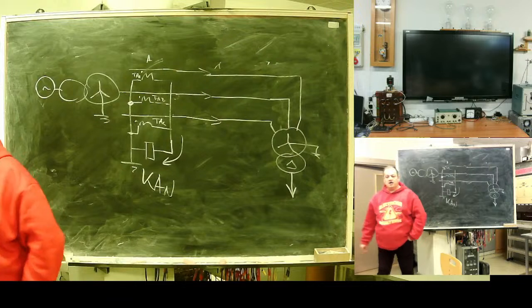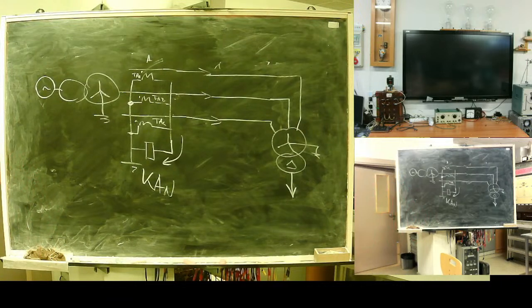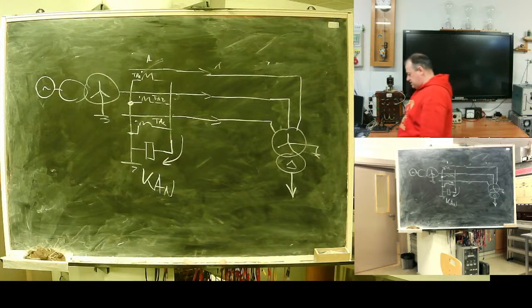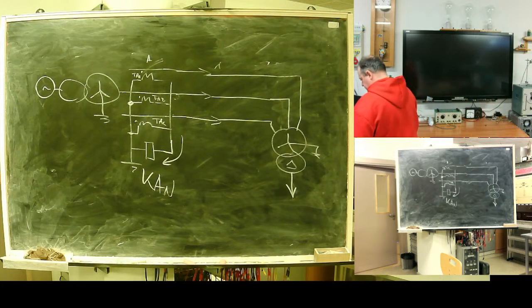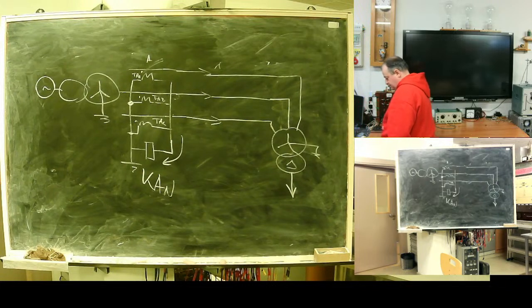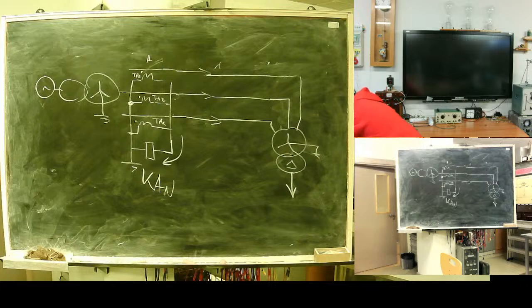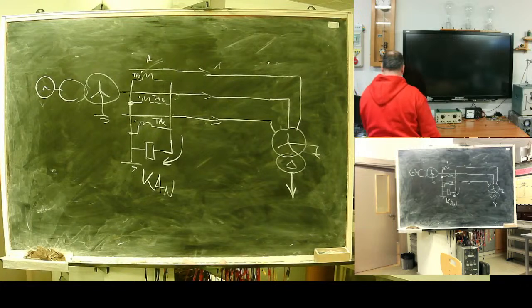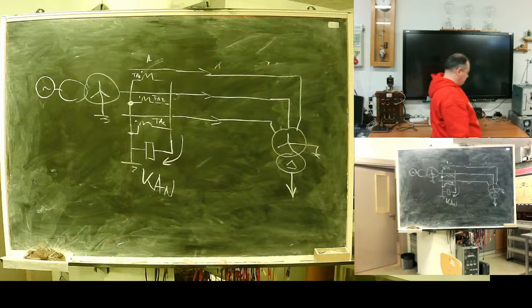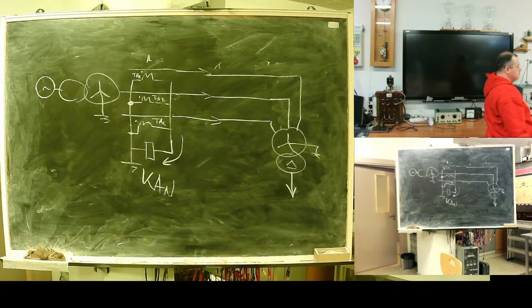Neutral via relay. What will this relay see? Ideas? What flows through this relay?